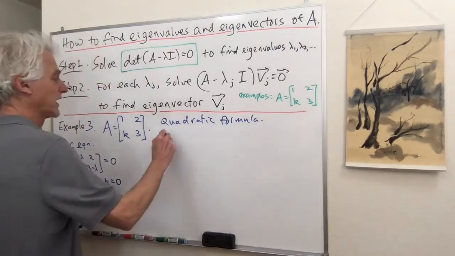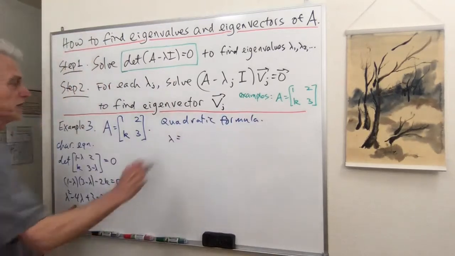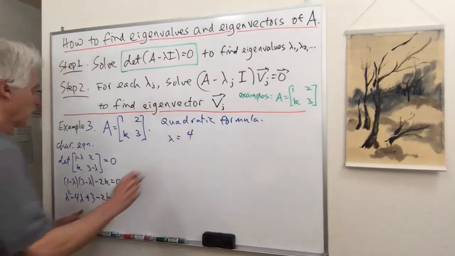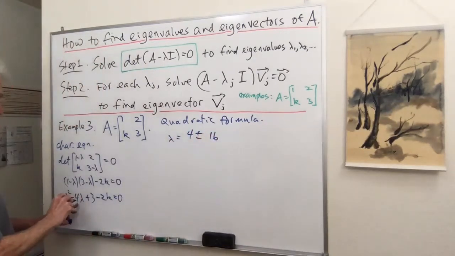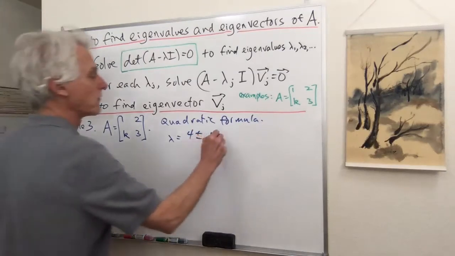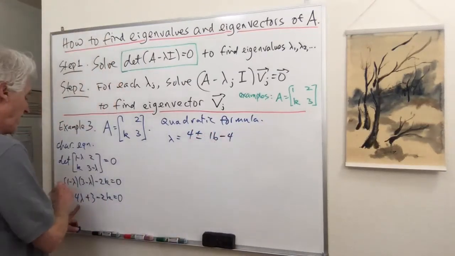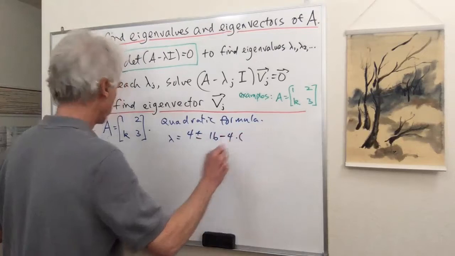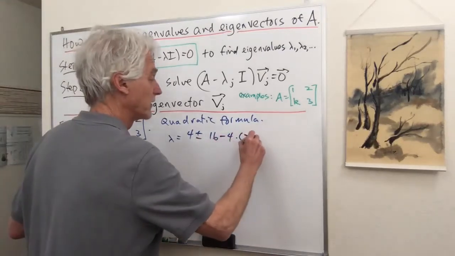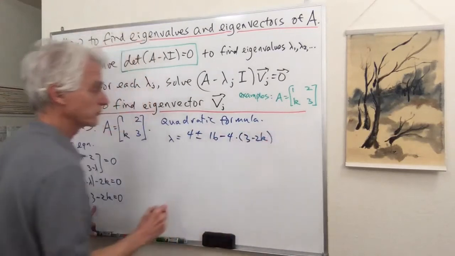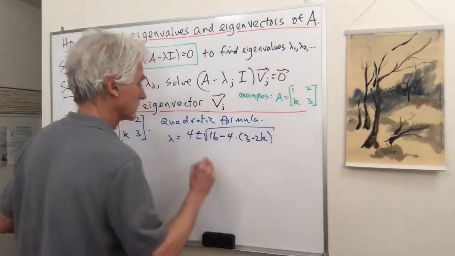We get lambda is minus b, which is 4, plus or minus the square root of b squared, which is negative 4 squared, minus 4 times a, which is 1, times c, which is 3 minus 2k, but I have to put those in parentheses, right?